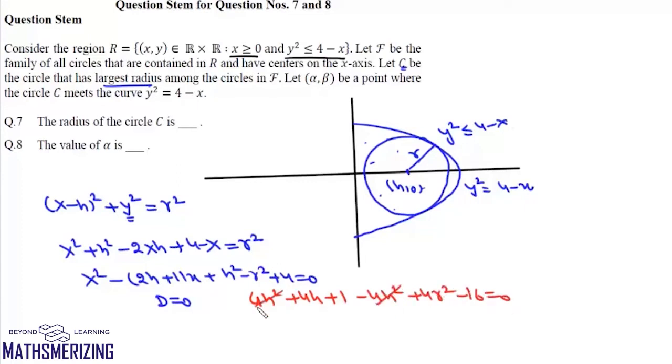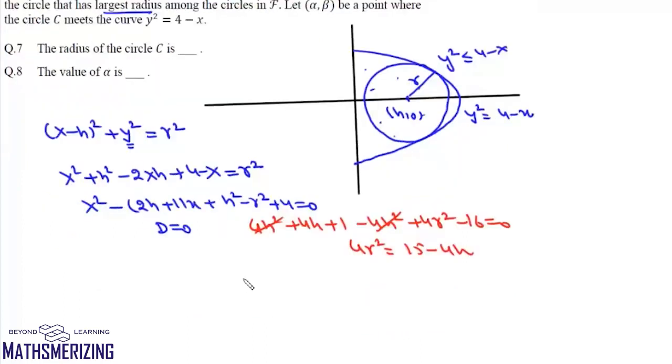Now this 4h square will cancel, so we'll get 4r square equals 15 minus 4h, or r square will be 15 by 4 minus h. So this r will be maximum when this h is minimum.